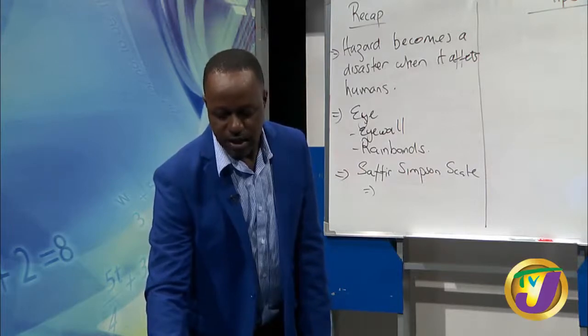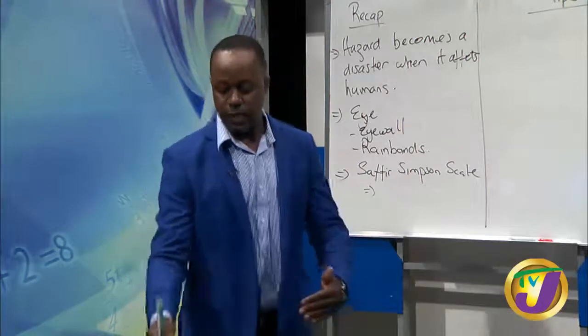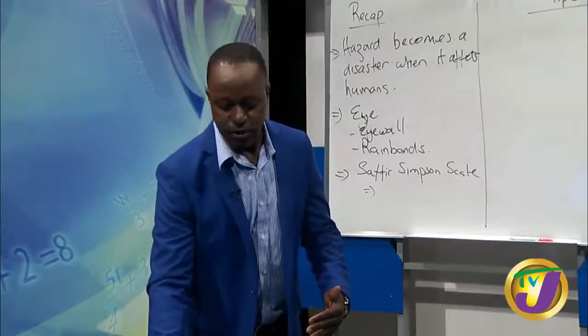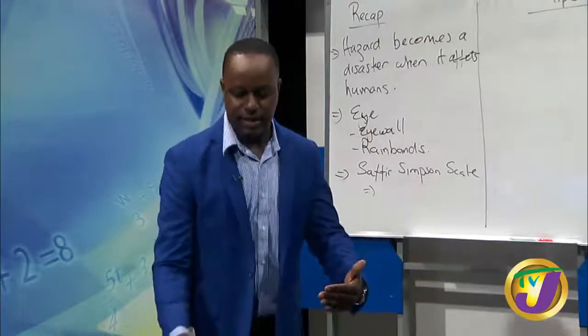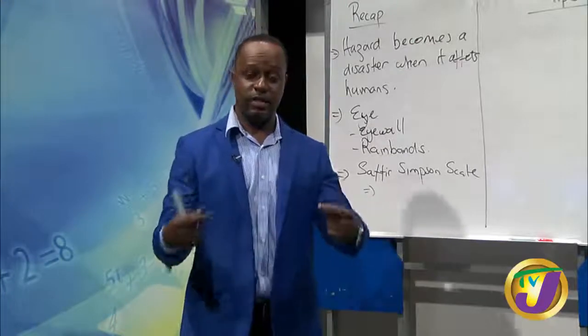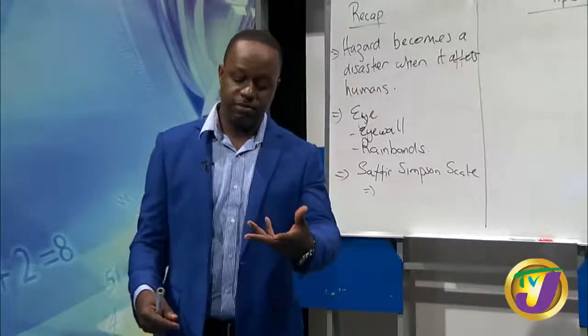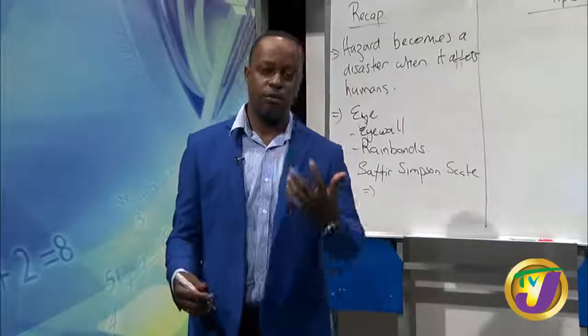Now, let me just back up a little and go over what exactly is a low pressure system. Bearing in mind that this is how they form, when we have converging winds and rising warm air.